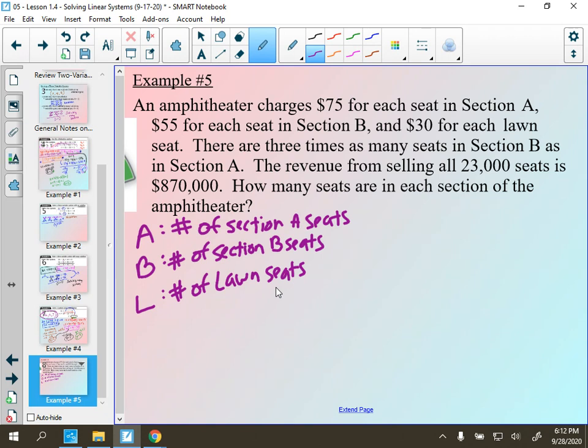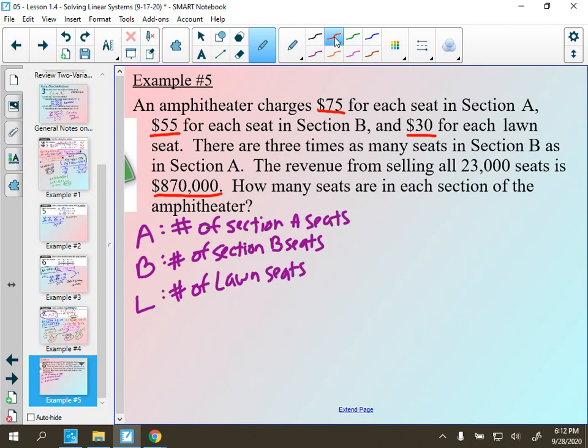The other huge thing we need here is 3 different ways to relate these unknowns. How are these related in 3 different ways? I think we've got them here. I've got a total cost situation where there's $30, $75, $55, and we're making $870,000 total.